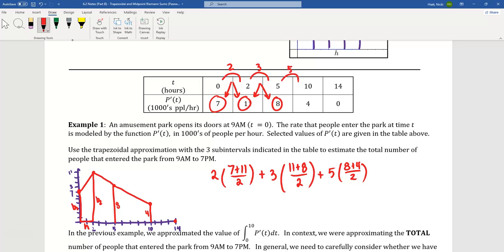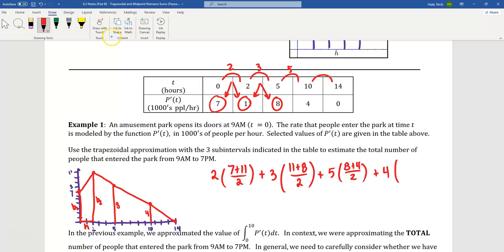Now my last one, is it actually a trapezoid? What shape is it really if I draw it in? It's really just a triangle. You can still use the trapezoidal formula though. It's going to work the same way. We're going to do a width, or height there, of 4.